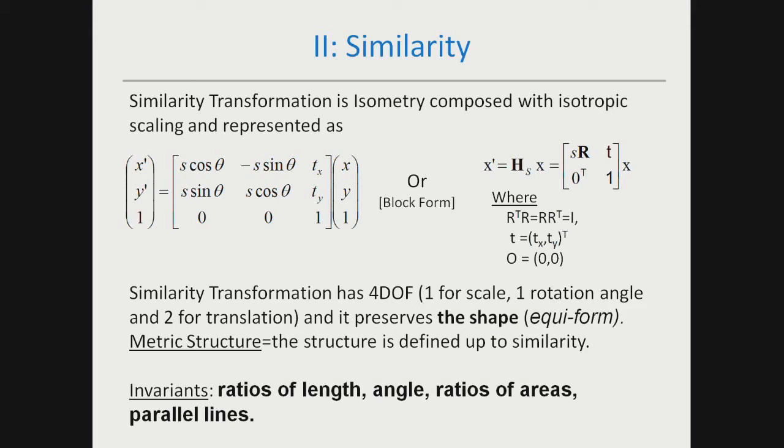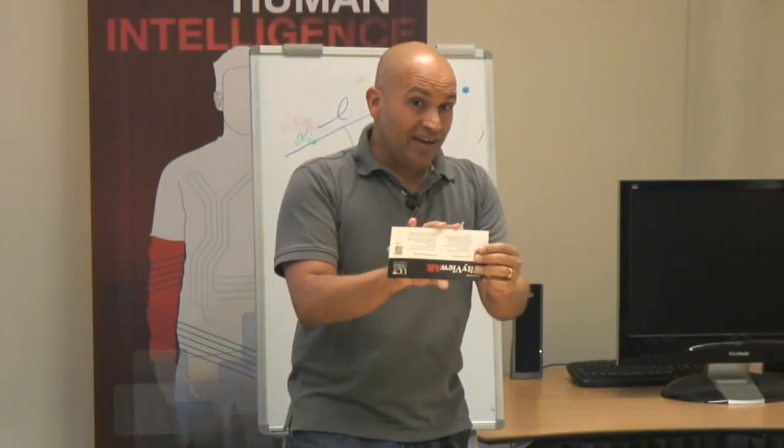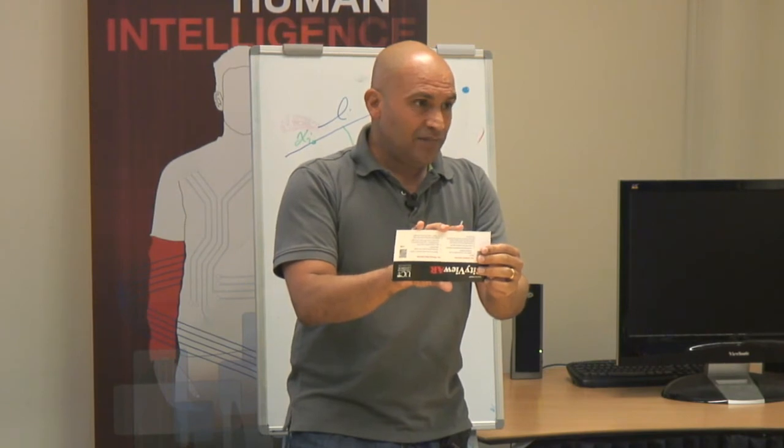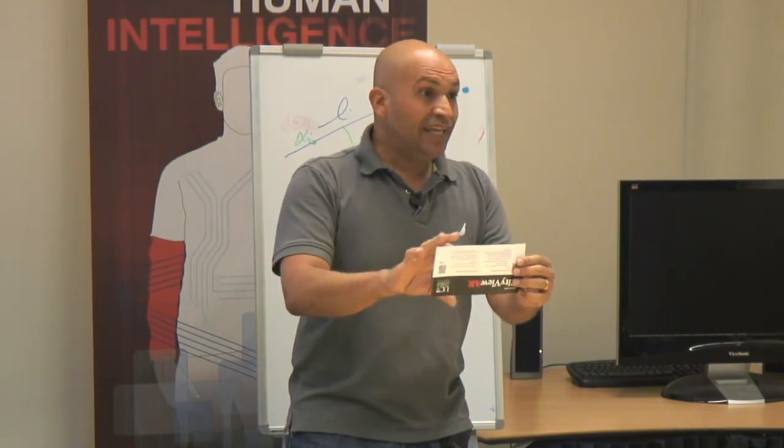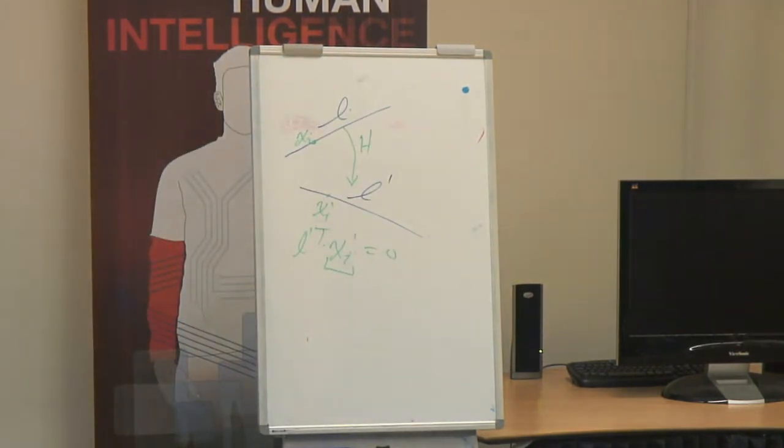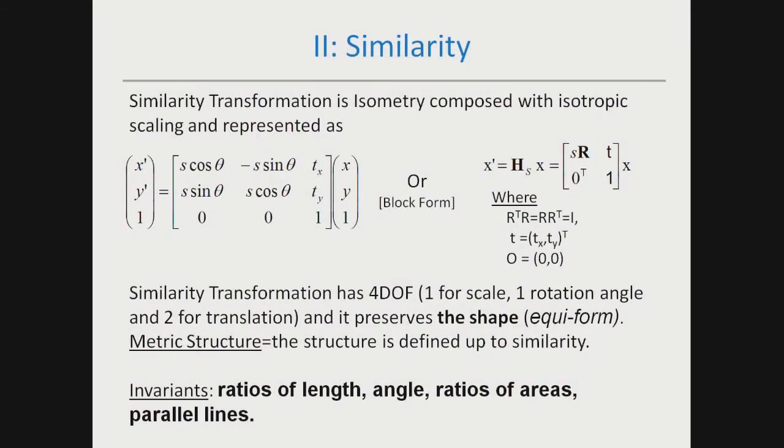So the only thing we now allow the object with similarity is what we allowed in isometry, plus the ability to scale the object. But again, uniform scaling. We don't allow the object to scale in a non-uniform manner. The only difference here is that we have S.